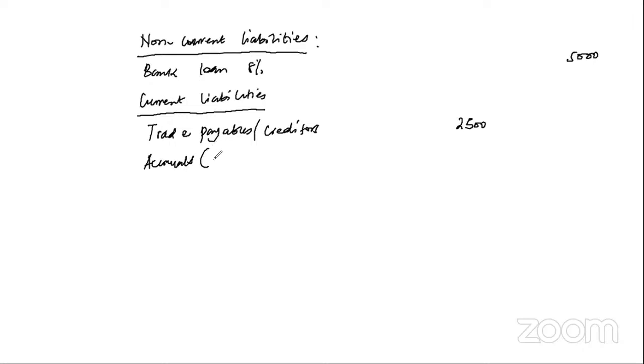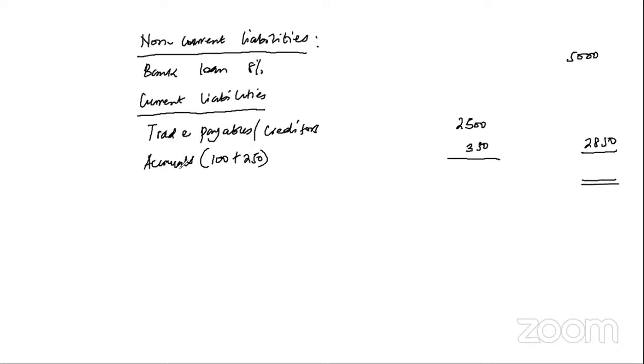Under accruals, we have rent, which is 250, plus the accrued interest of 100, giving us 350. We add these two, get 2,800.